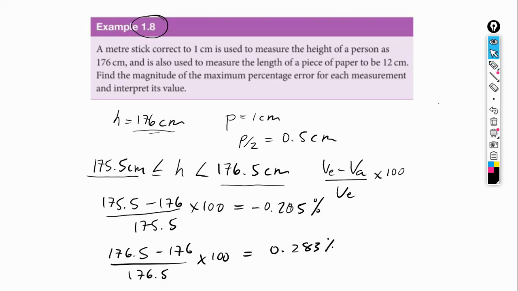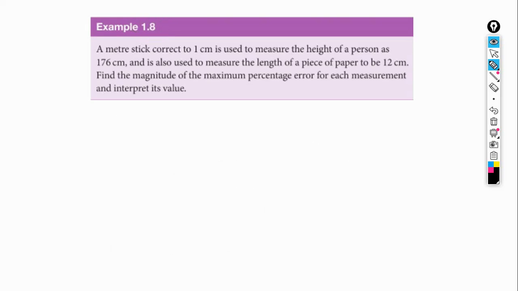Okay, then if we compare these two percentages, we can see that the greatest percentage, or the maximum percentage error, is this one, right? So a maximum error of 0.285%. Okay, so now let's do the same, but for 12 centimeters.